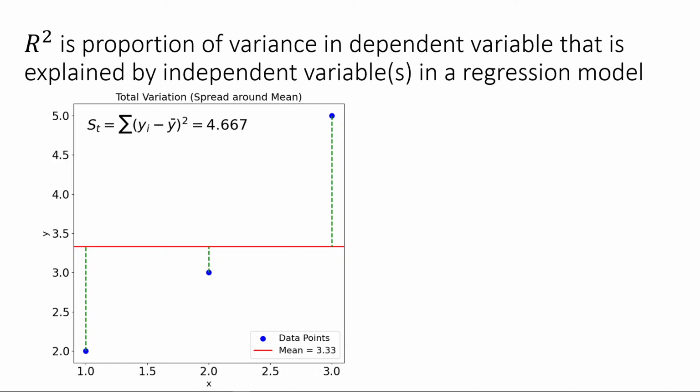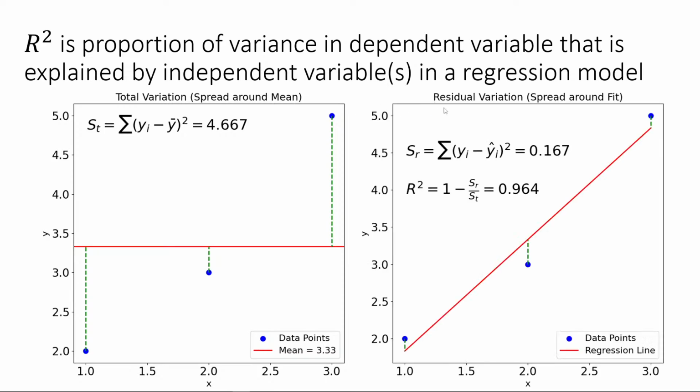If you have no trend, that would be the mean value of the y value of your observations. So you have this total variation. You have some variation here, and some variation here, and some variation here.